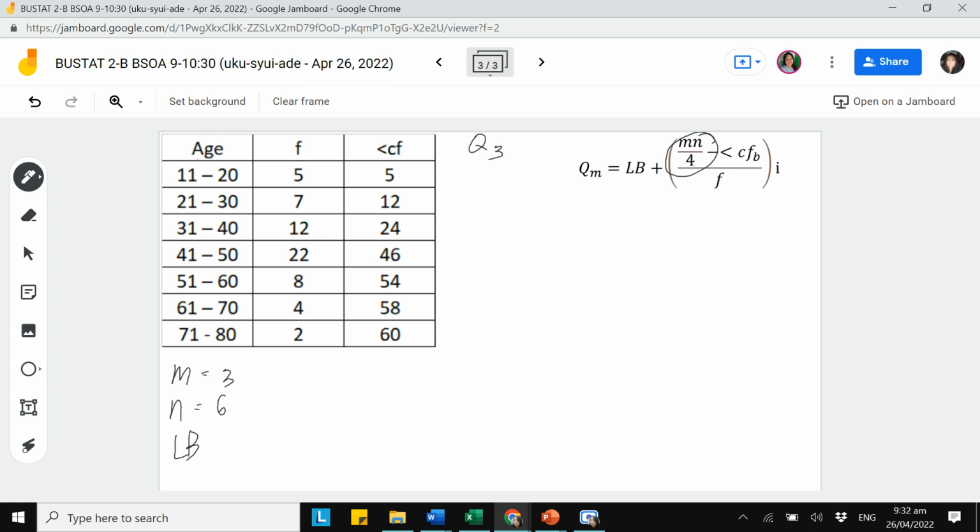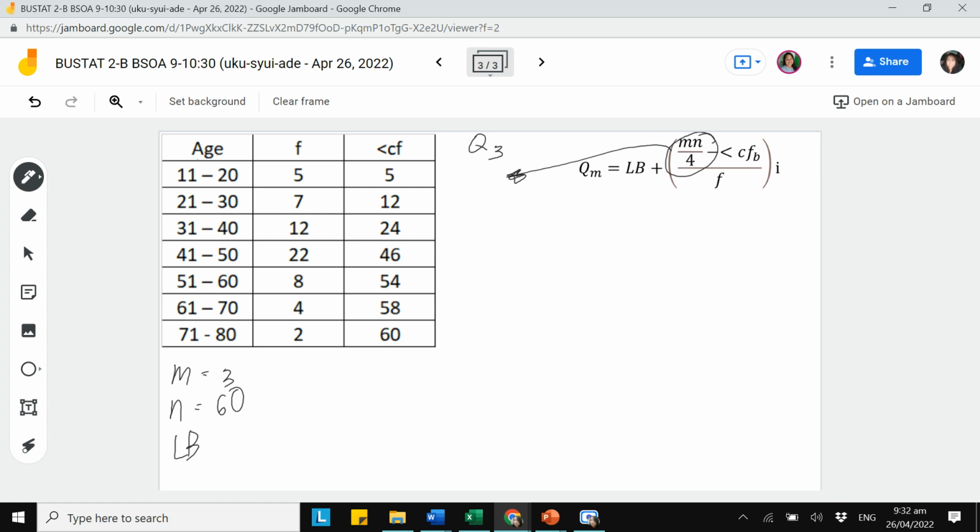So 3 times 60 divided by 4. What did you get, guys? So to get the quartile, just get this part first. So 3 times 60 divided by 4 is equal to 45.